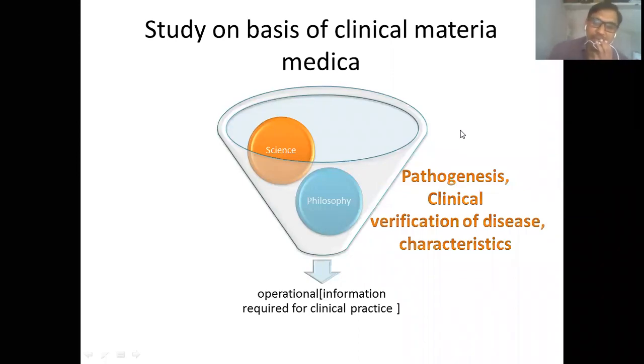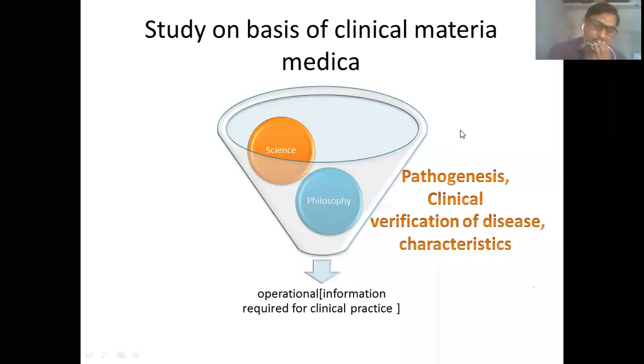So many remedies are indicated for fever, but which remedies are indicated for viral fever, which for bacterial fever, which for parasitic fever? Viral fever is just allergic, acute upper respiratory tract infection. Bacterial fever is enteric fever, and parasitic fever is malaria. So we must be able to understand.